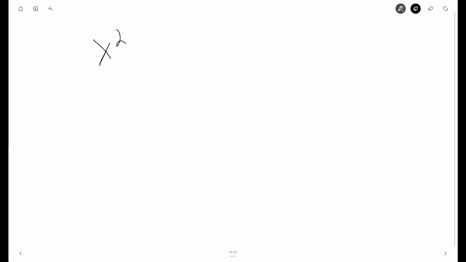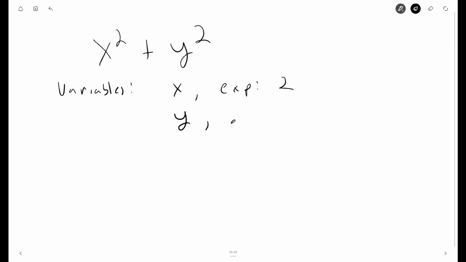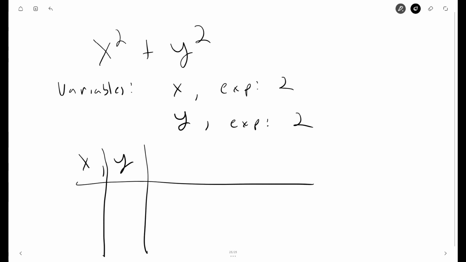Then let's do one more: x squared plus y squared. So variables: x, exponent 2, variable y, exponent 2. Okay, so let's do a little table: x and y, and while we're outputting x squared plus y squared, let's do something like 0, 0, -1, -1, and then 2 and 1.